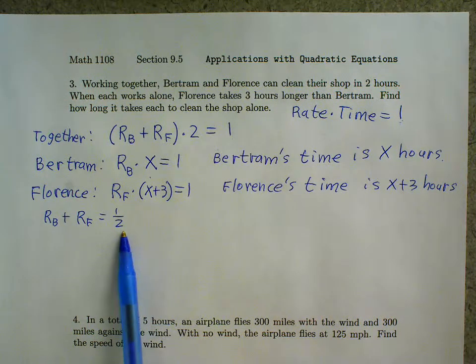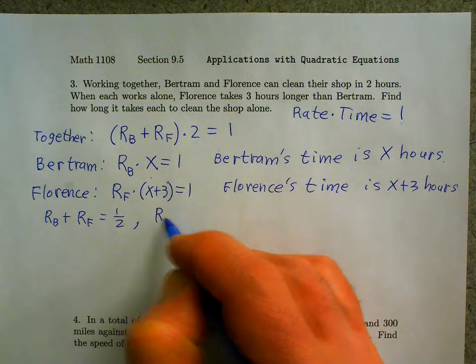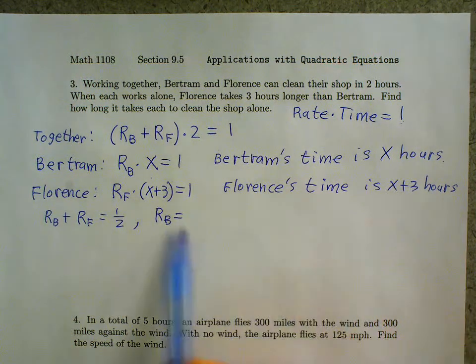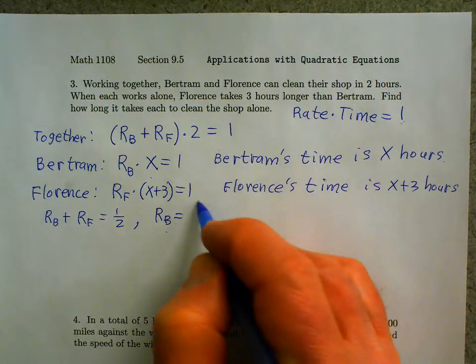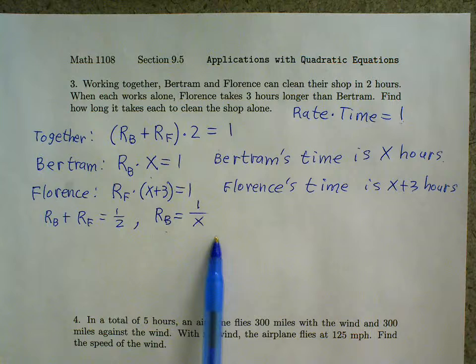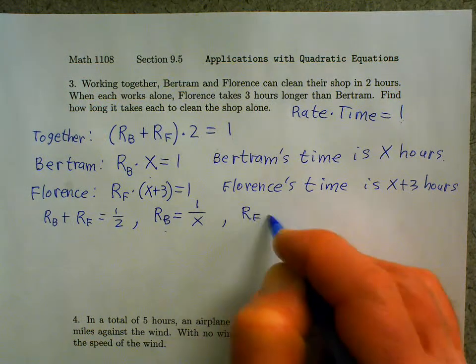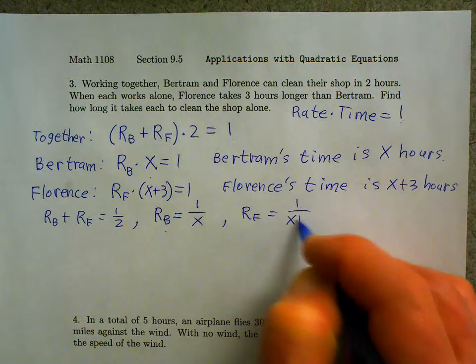This is their hourly rate. When Bertram works by himself, his rate for the moment is 1/X. And Florence's rate is 1/(X plus 3).